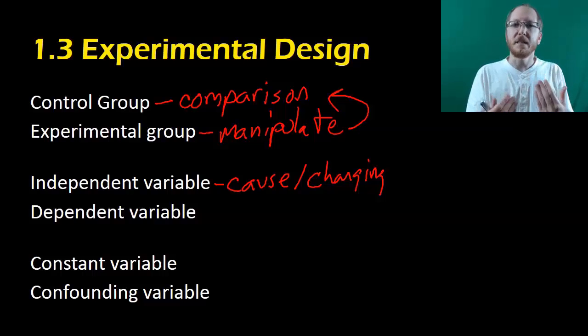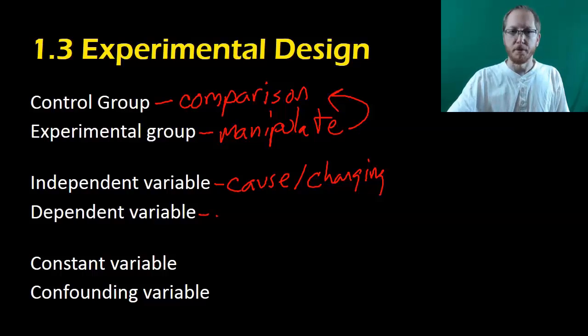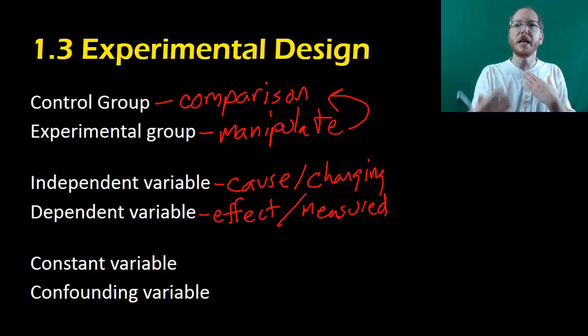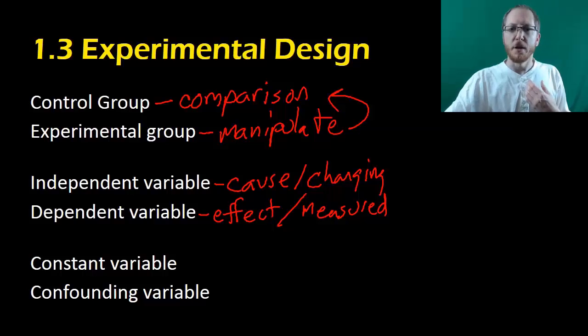And that effect is going to be our dependent variable. This is what I'm going to measure, and that's what I'm going to put down here. This is essentially what's being measured to see what effect the change in the independent variable had, what it caused. In the scenario we did with coffee, this would be the coffee drunk, and then below it, our measurement was going to be height.